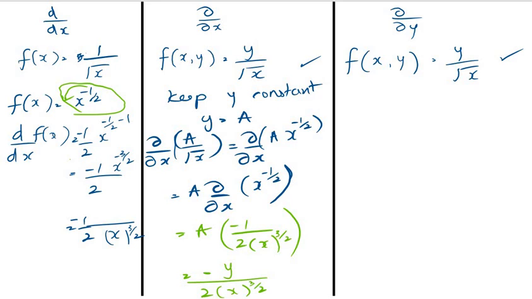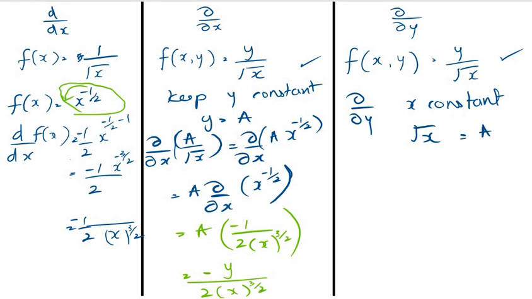So let's look at the next question. Here we want the partial derivative with respect to y. This means we keep x constant, as we want to see the changes in y. So that means we would assign square root of x as a.